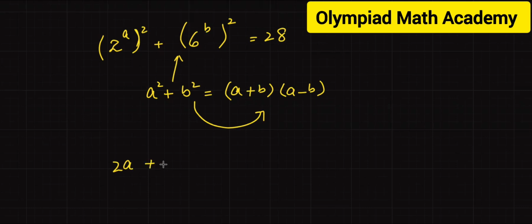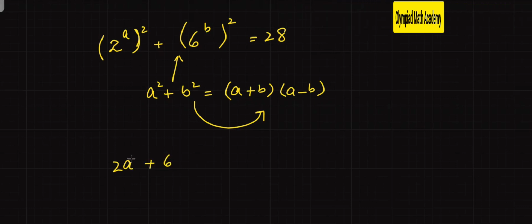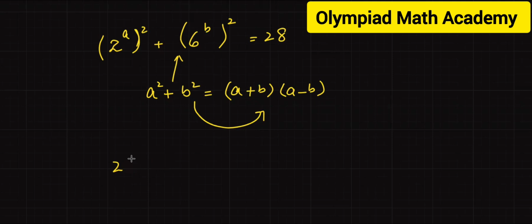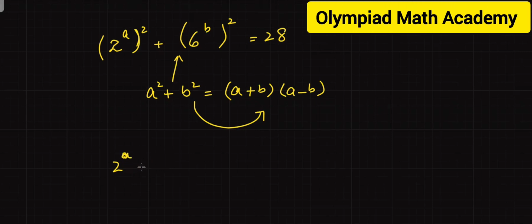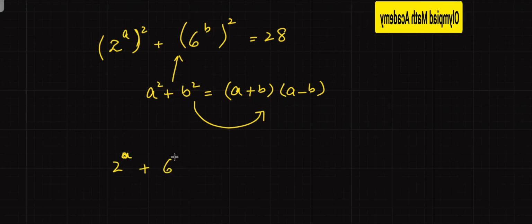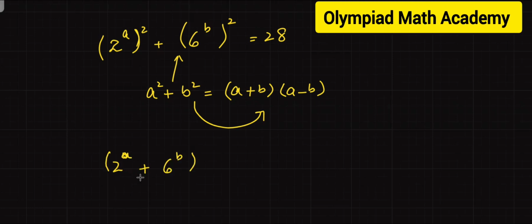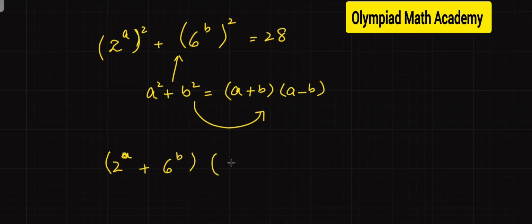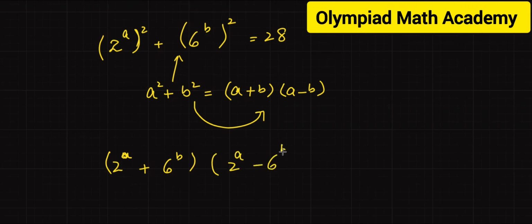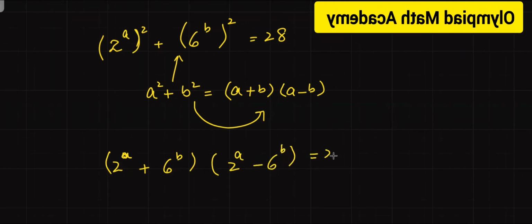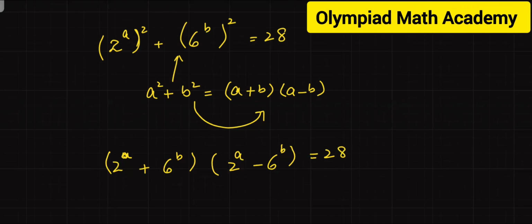So 2 power a plus 6 power b, and the next one is 2 power a minus 6 power b equals to 28.